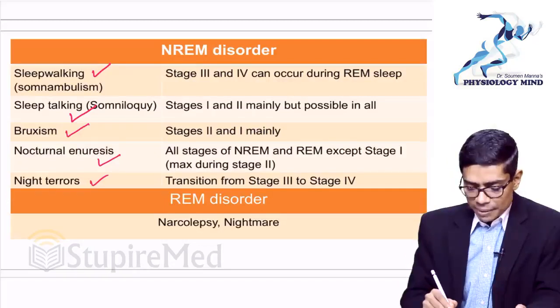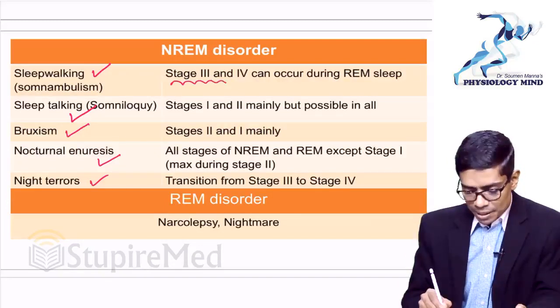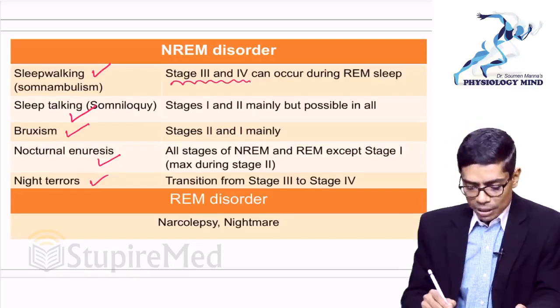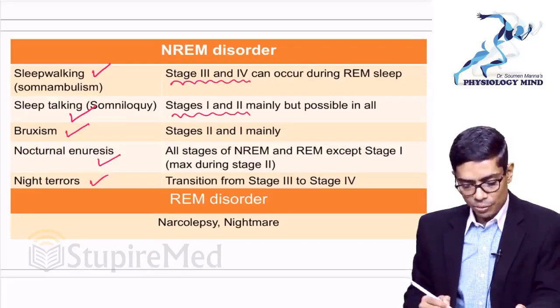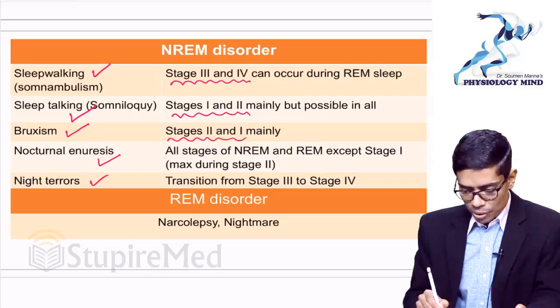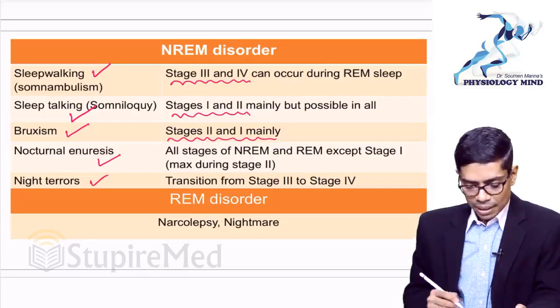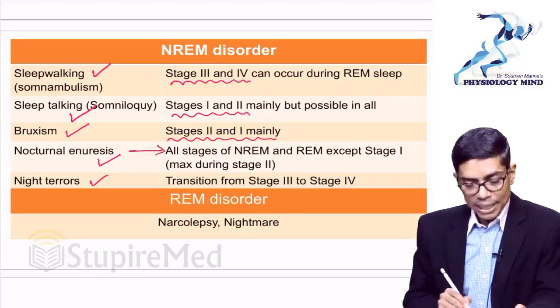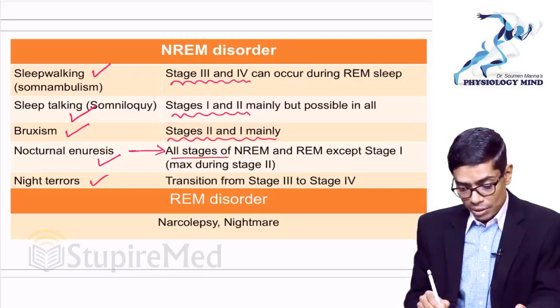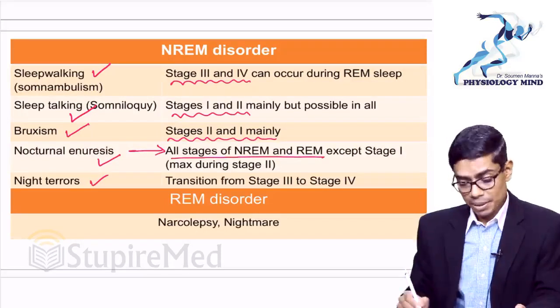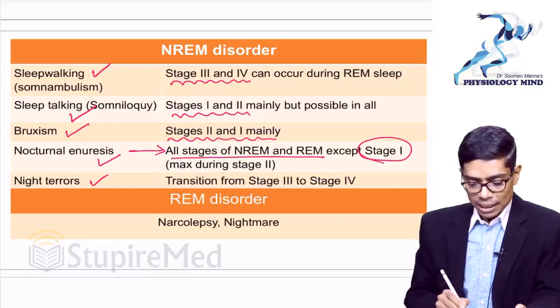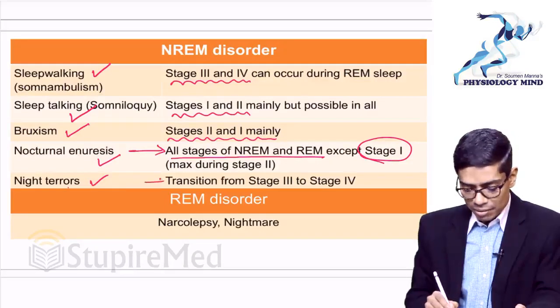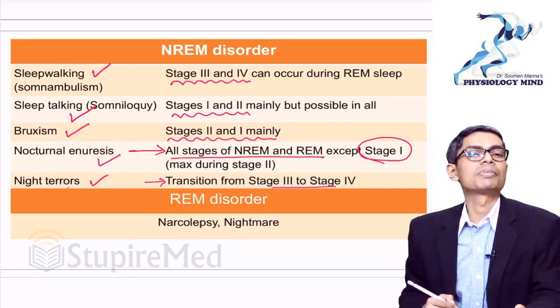Sleepwalking means deep sleep, stage 3 and 4. Sleep talking means superficial, stage 1 and stage 2. Bruxism also stage 2 and stage 1. Nocturnal enuresis, bedwetting, all stages of non-REM and REM sleep except stage 1. And night terror, transition from stage 3 to stage 4.